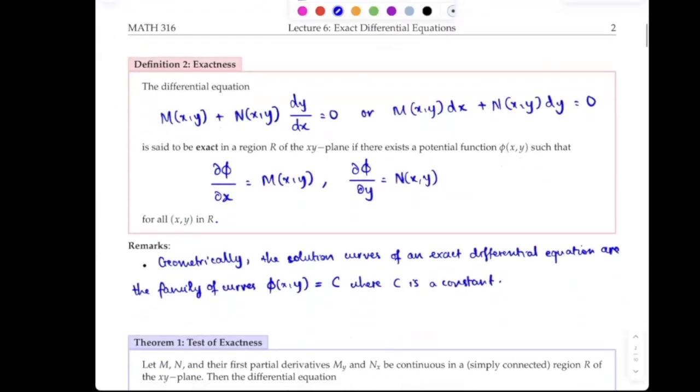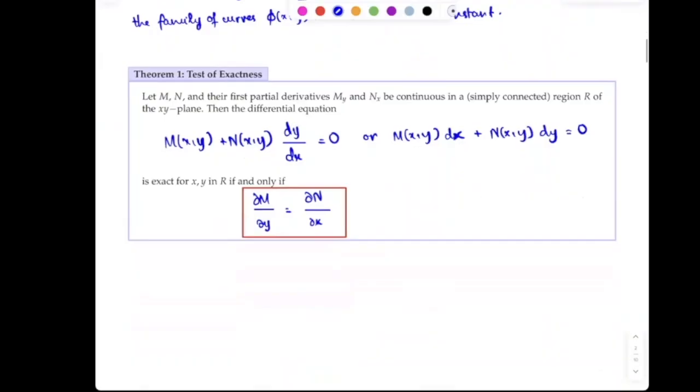And this is potentially an exact differential equation. Potentially means that you need to check if it is in fact exact. The differential equation is exact if partial M partial y equals partial N partial x.